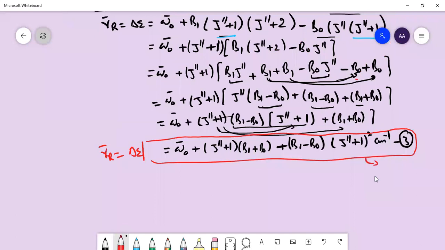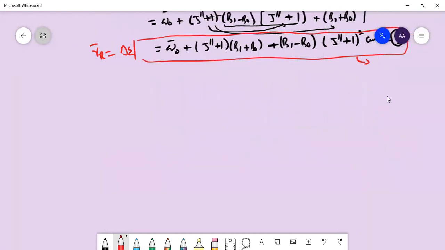And this is our equation when the breakdown of the Born-Oppenheimer approximation occurs, and this is the equation for R branches. Similarly, we can also solve for P branches.